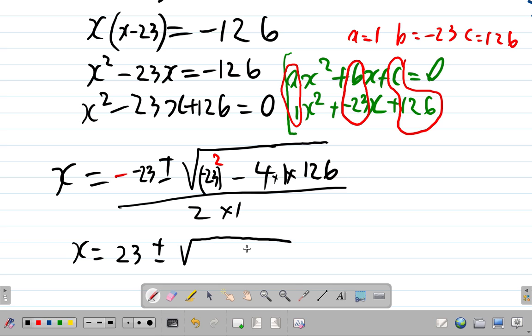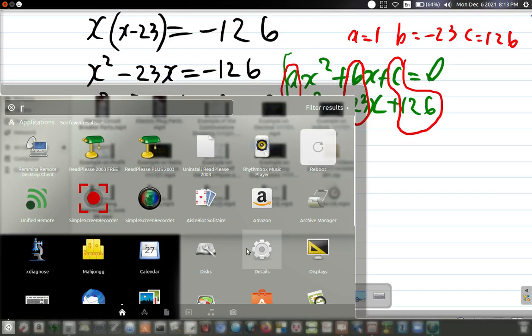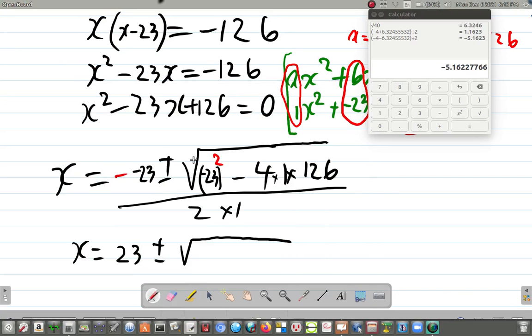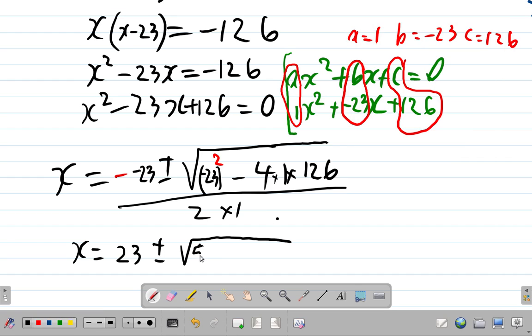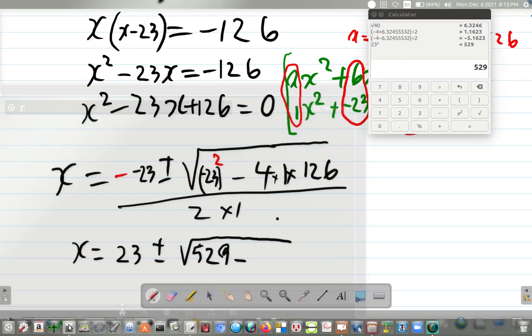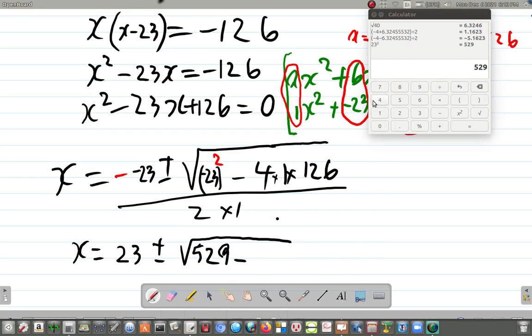negative 23 squared is going to be the same thing as positive 23 squared. So on my calculator, I just put 23 squared and I get 529. So it's 529 minus 4 by 1 by 126. Well, this will be the same thing as 4 times 126. It's 4 times 126.